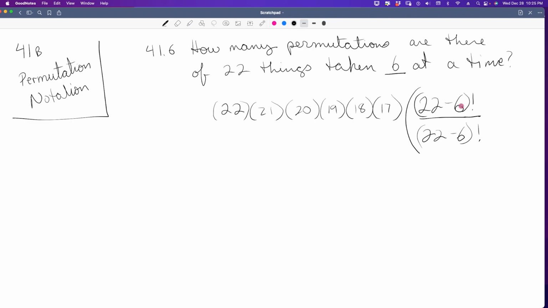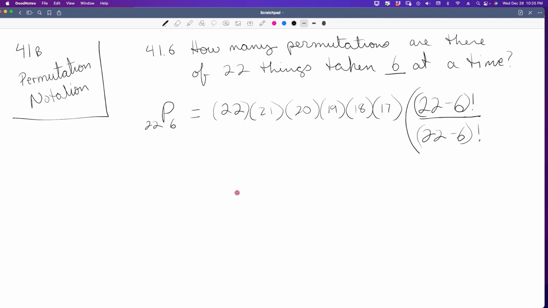So it's n minus r factorial divided by n minus r factorial times everything we started with. So this is permutations of 22 things taken 6 at a time, and then we're resolving it this way.